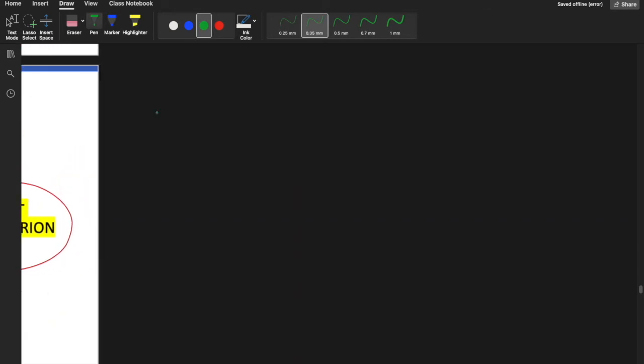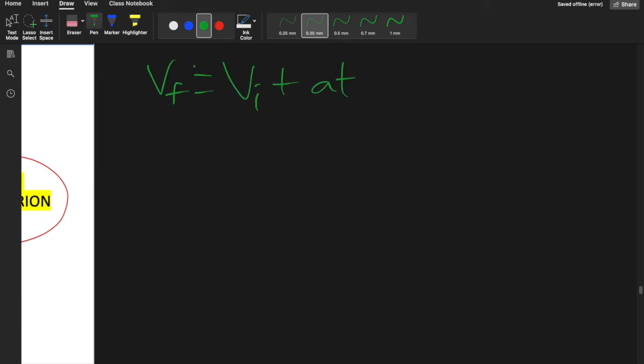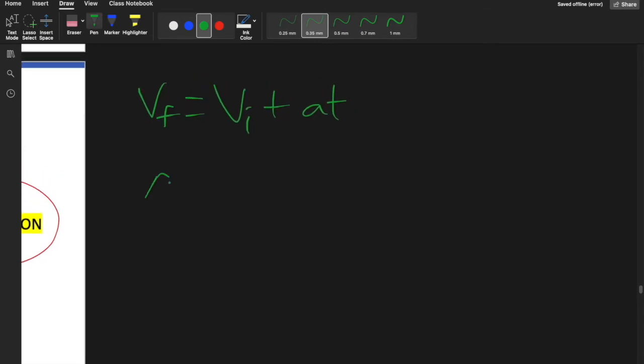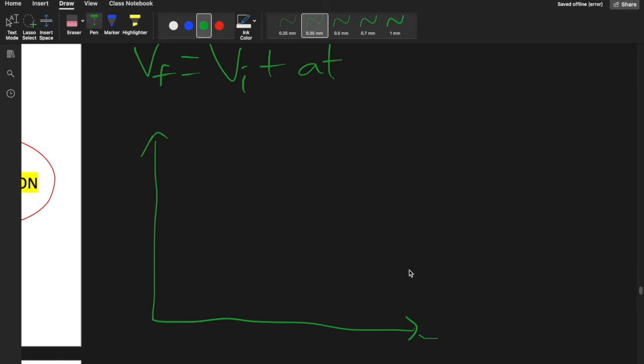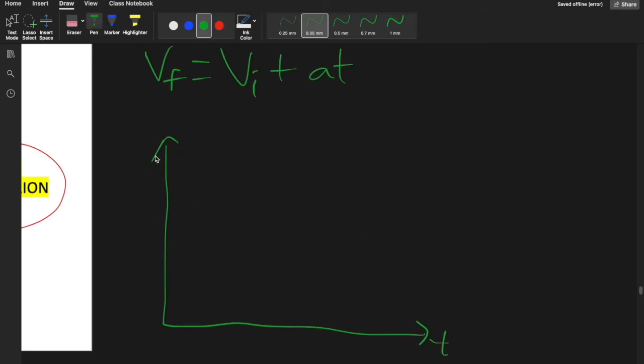So the first one, I will write v final as, I just get used to writing it like this, is equal to initial velocity plus acceleration times t, right? So this is time, and this will be velocity.